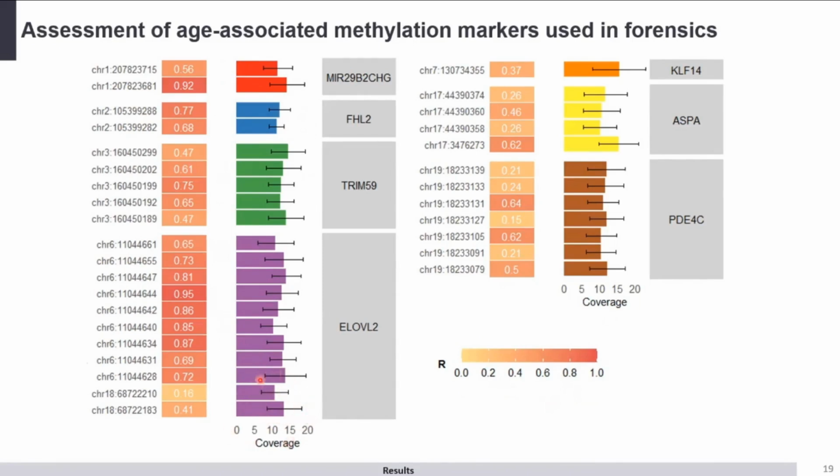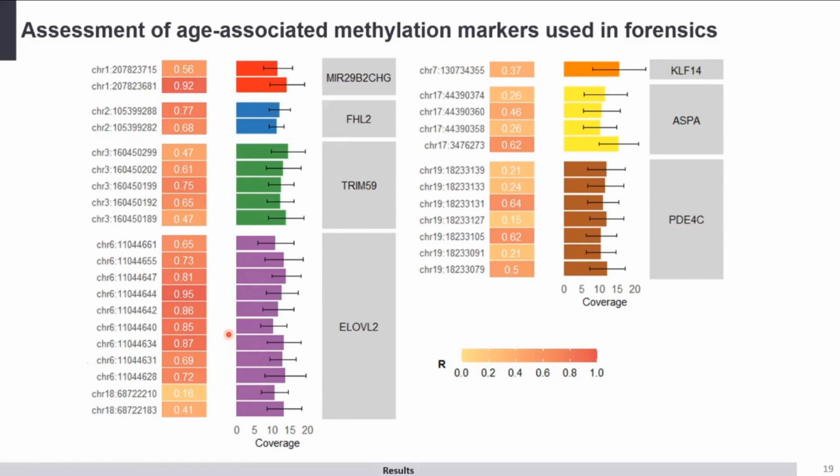Here we observe varying degrees of correlation, with the majority of CpG sites showing a positive correlation with age and an R value greater than 0.5. This suggests that the methylation level at these sites generally increases with age.